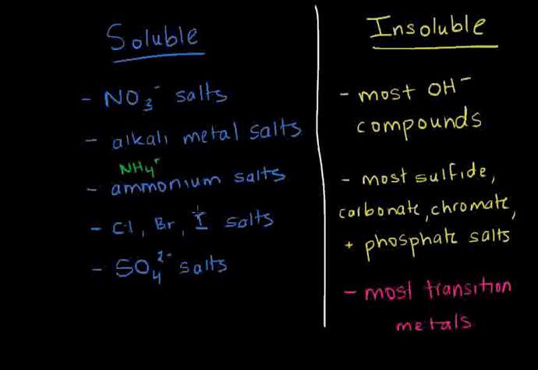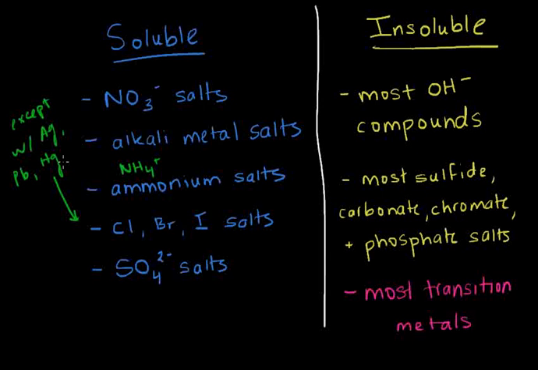Also, these 3 halogens, chlorine, bromine, and iodine, tend to form soluble compounds with other elements, except when these elements combine with silver, lead, or mercury. Silver, lead, or mercury with these halogens produce insoluble compounds. And also in general, sulfate salts are soluble.